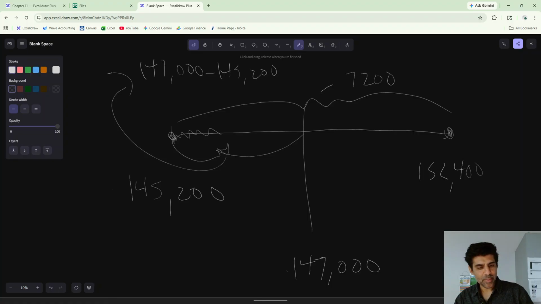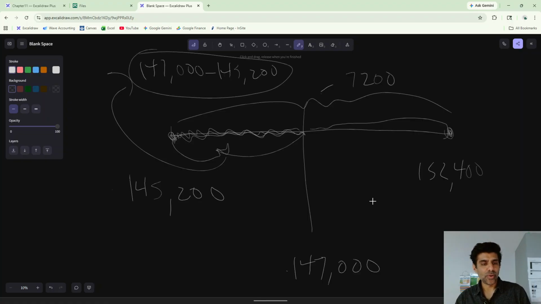Whatever that is, this amount is subject to OASDI. All this is not subject to OASDI. So I just want to figure out this amount here. And again, the math is 147,000 minus 145,200, which is how much they had earned prior to this paycheck.